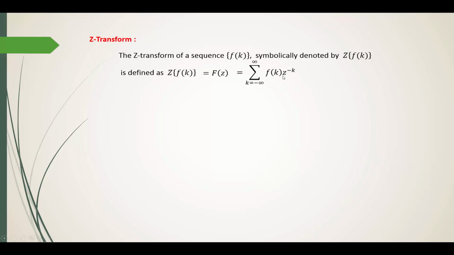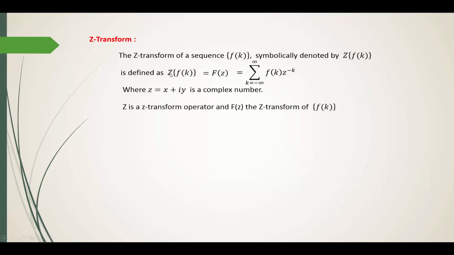It is in terms of z, whose coefficients are the terms of the sequence f of k, where z equal to x plus iy is a complex number. This capital Z is the Z transform operator, and F of z is the Z transform of f of k. This small z is the variable in this series, which means the series is in terms of powers of z.